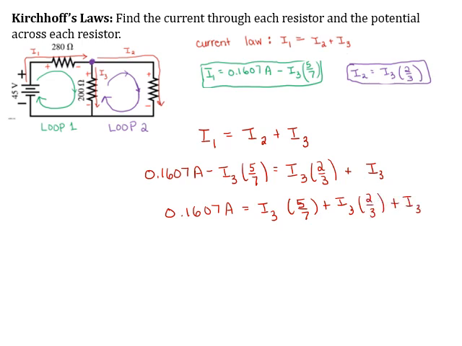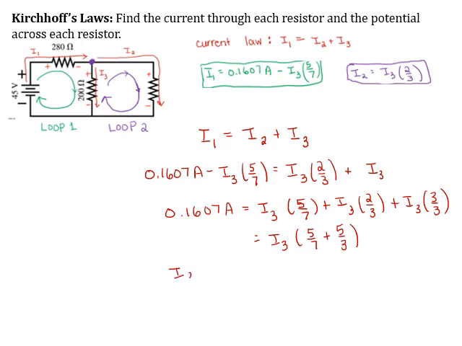A little bit of math, common denominator here: 1 is the same as 3/3, you can do that if you want to. So that's I3 outside of 5 over 7 plus 5 over 3. Now you can go ahead and make that a number in your calculator if you prefer, it doesn't really matter.